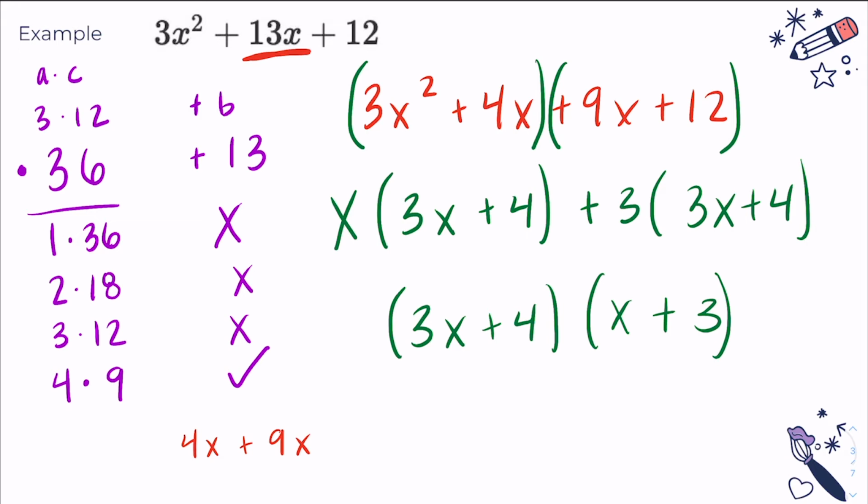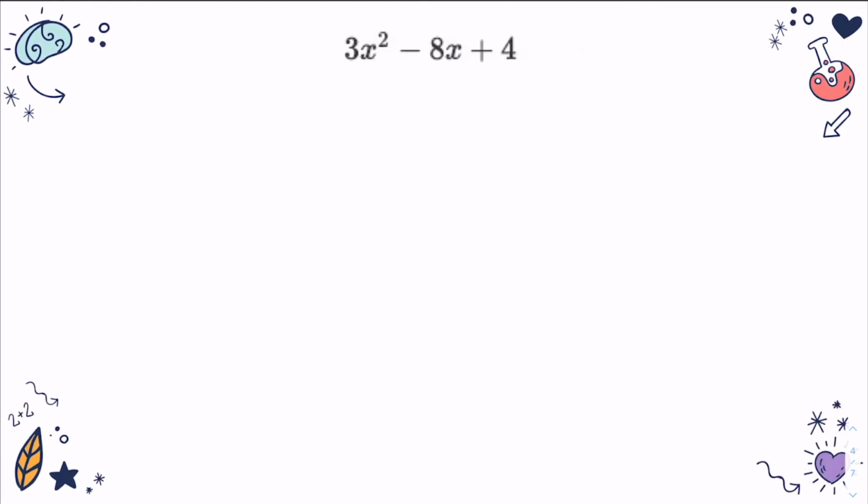Okay, let's work one more. I encourage you to pause the video and give this problem a chance. Here we're factoring. We notice, looking at our 3 terms, we don't have a GCF, so that means we need to split the middle term and then factor by grouping.